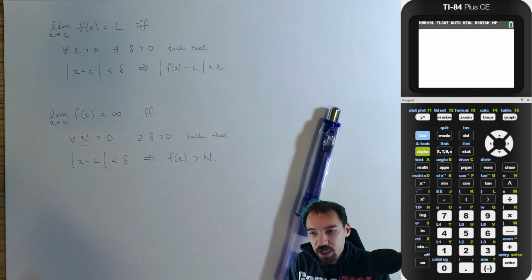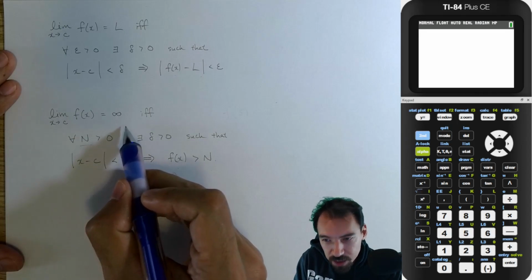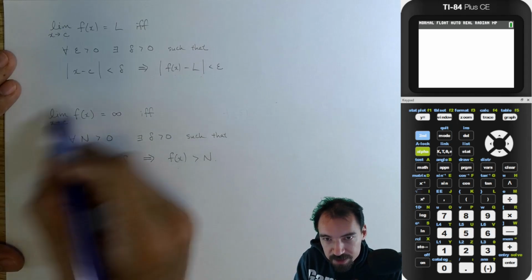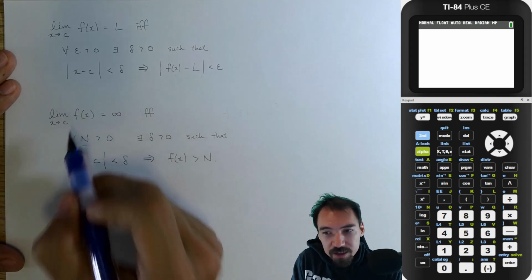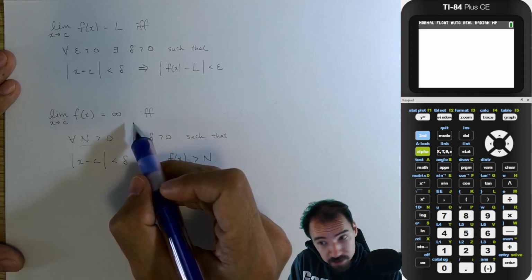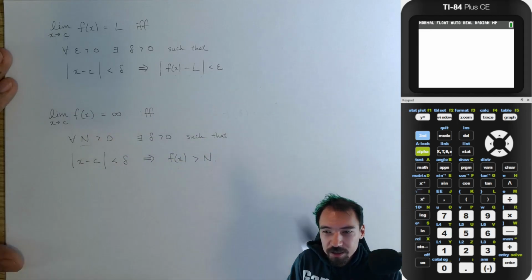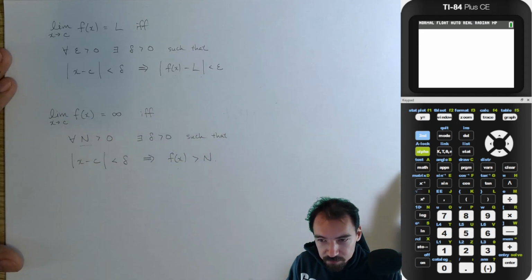But I really want to drive home the point that just because we're writing this does not mean we're saying this limit is a number. It does not mean infinity is a number, because infinity is not a number. It does not mean that you're allowed to write number equals infinity. Okay.